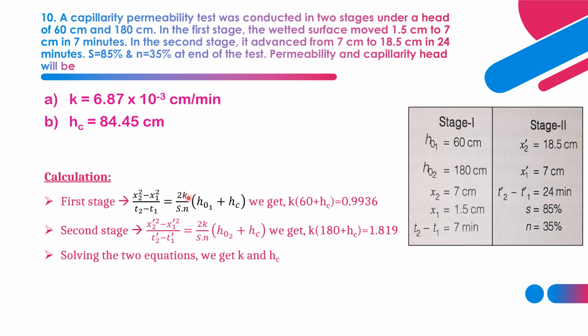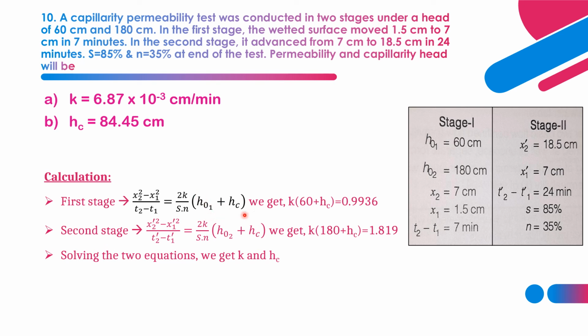We have to find the value of k. S we know, the degree of saturation, n we know, the porosity. Both the values are given. H01 is 60 centimeter, the initial head is 60, and there are two heads, one head is 60 and another head is 180. So that other head will be substituted in the second stage.